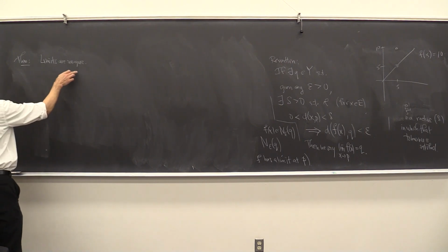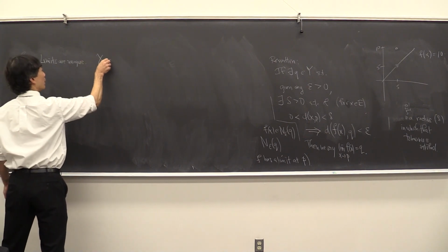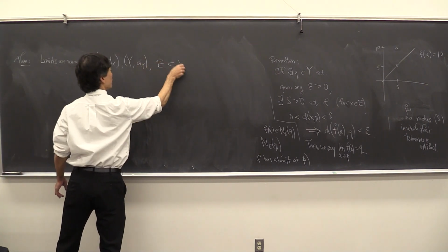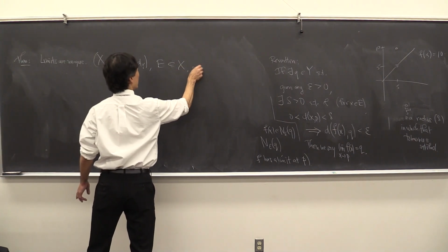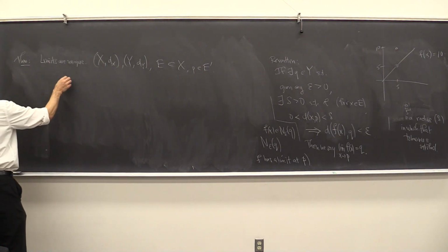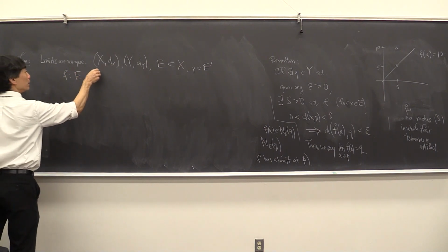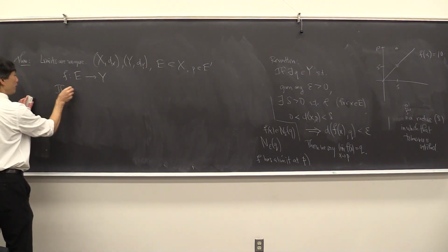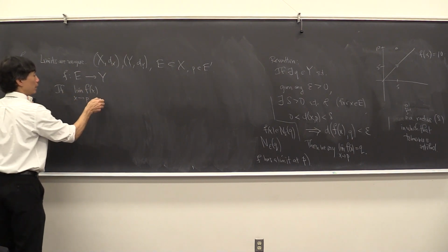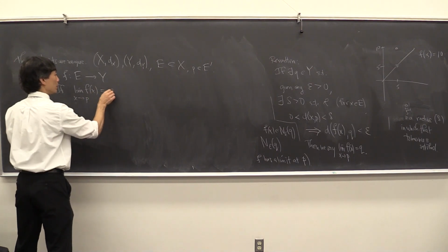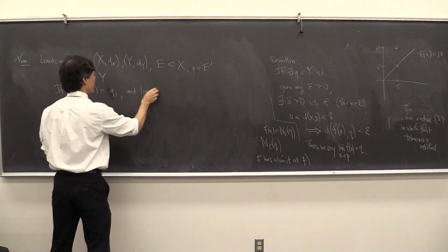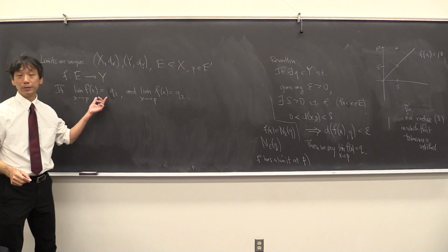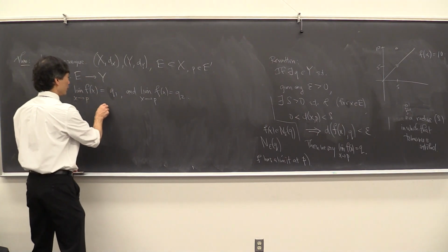If you have some pair of metric spaces, some subset E of X, some point P in the set of limit points of E, and a function going from E to Y, our claim is that if the limit as x approaches P exists and equals something, Q1, say, and your friend goes into a different room and figures out what the limit is, and gets Q2, then Q1 equals Q2.